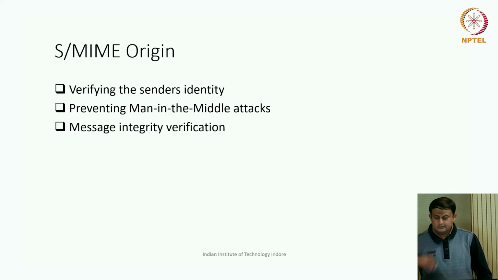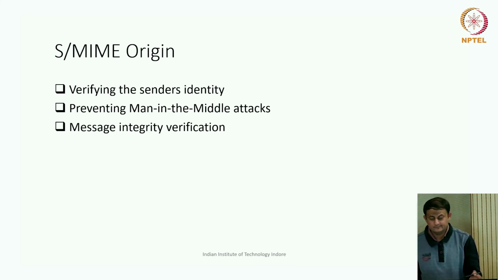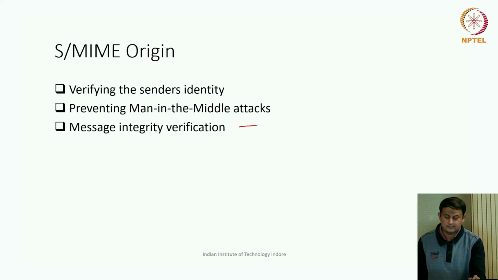The design goals of S/MIME are the following. As I said, I should be able to verify the original sender of this email, who claims to be the sender. Can I actually verify his or her identity? At the same time, I don't want the email to be manipulated in the middle, and someone should not be able to fabricate a message and send it. That is the man in the middle attack.